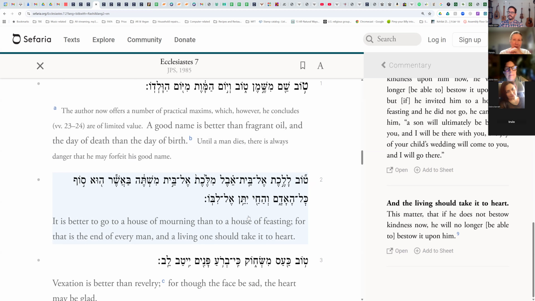It just doesn't go very far into the psyche. But when you go into a house of mourning, that's a very deep experience, and it's really taught when it says take it to heart or giving your heart. It really does penetrate a lot when you go to somebody's house.